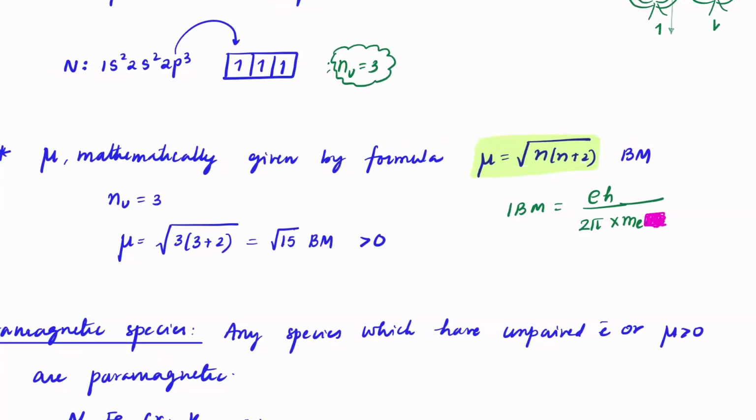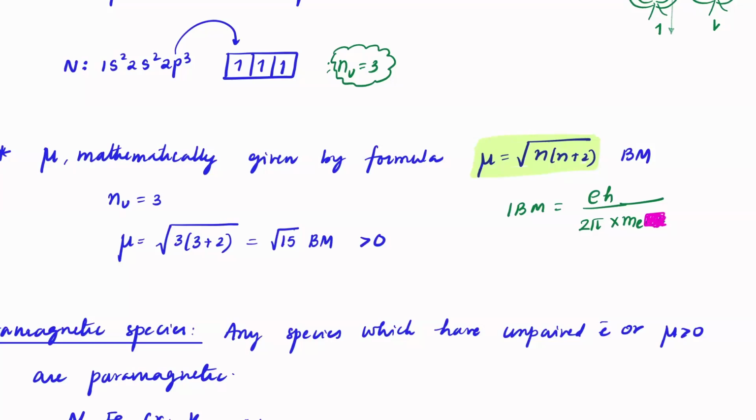So it is root of n into n plus 2. What is n exactly representing? n is the number of unpaired electrons. So we have 3 unpaired electrons, so 3 into 3 plus 2. That makes it root 15 Bohr magnetons. So root 15 Bohr magnetons is a value greater than 0.